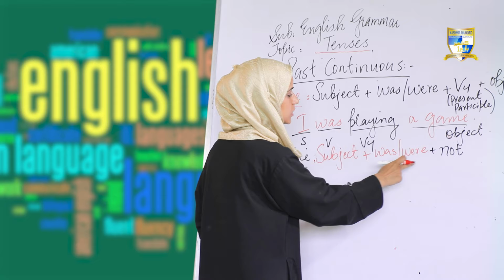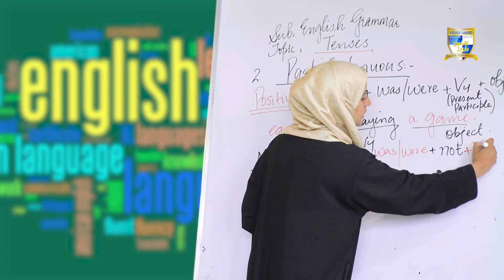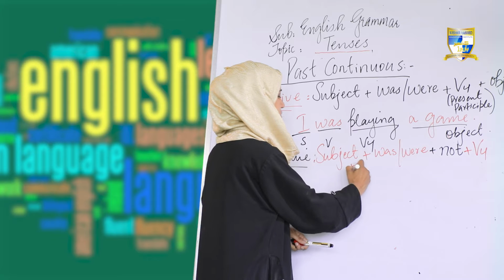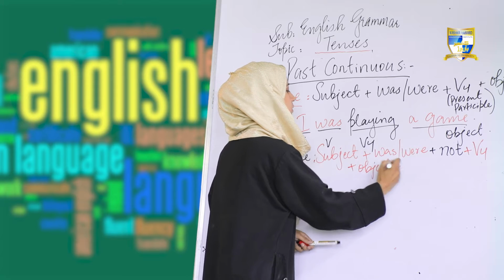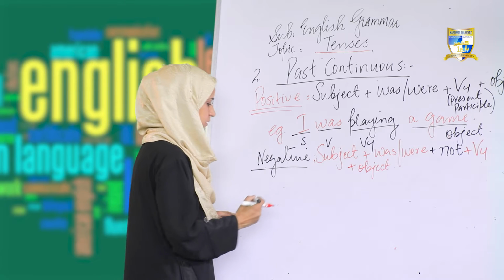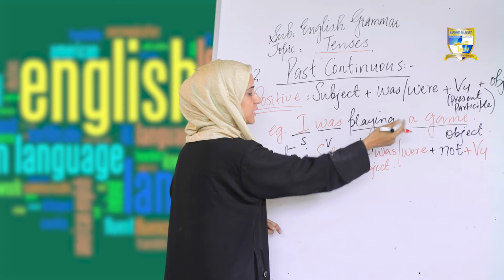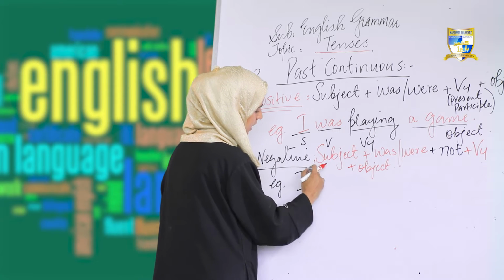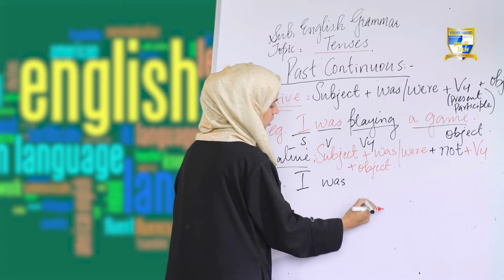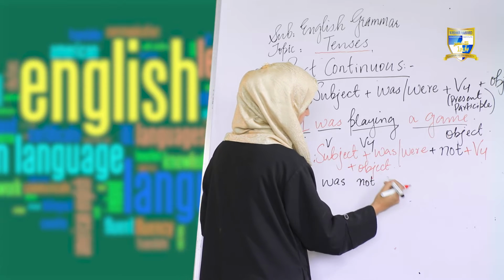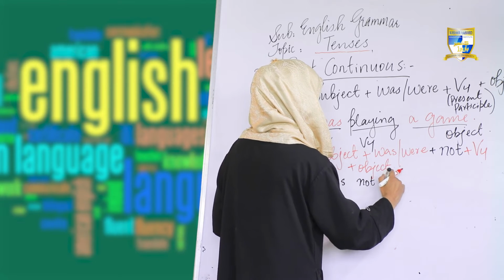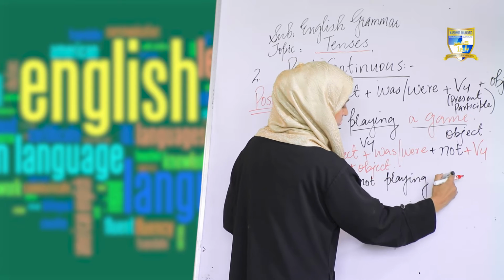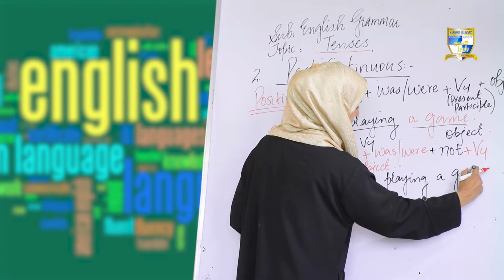Subject plus was, were plus not plus again V4, the present participle or ing form of the verb, plus object. Let's take the same example. I was playing a game. Its negative will be like this: I, your subject, was not playing a game.